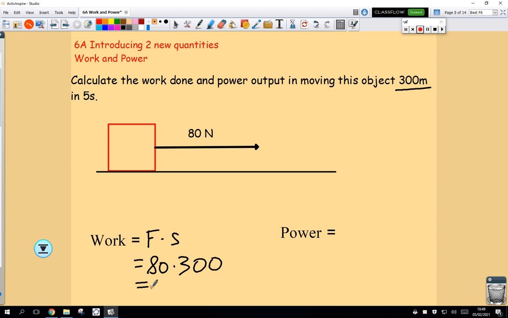Okay, make sure your units are in meters, by the way, and your units for force are in newtons, because 1 newton meter is 1 joule. So 80 times 300, well, 8 threes are 24, and then we've 3 zeros there. So it's 24,000, and my units are joules.